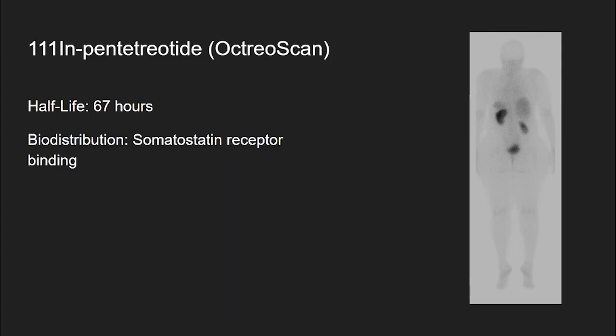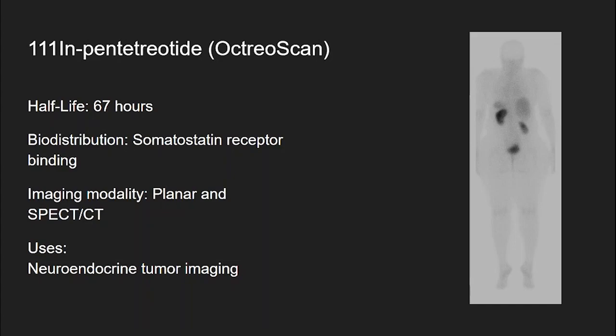Again, the biodistribution is going to be wherever we see somatostatin receptors. Planar and SPECT-CT imaging can be performed with this radiotracer, and its uses are predominantly looking for neuroendocrine tumors. Although interestingly, it can also localize to other tumors that are non-neuroendocrine tumors, such as meningiomas.